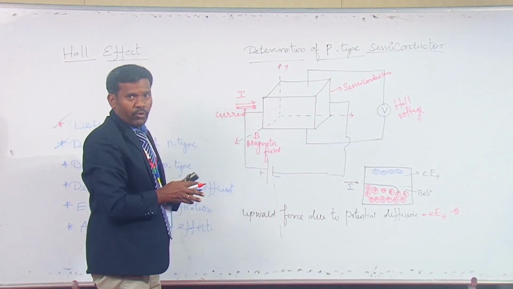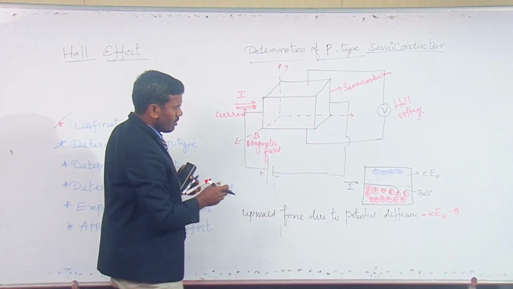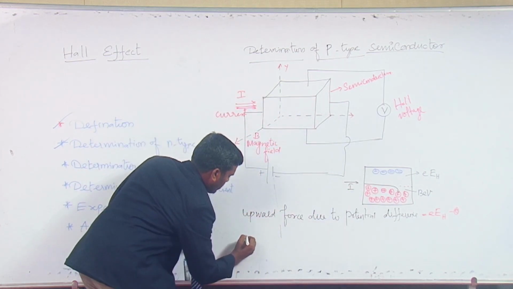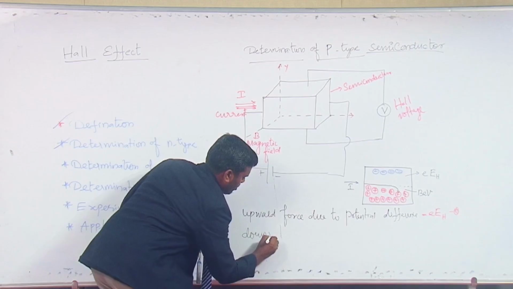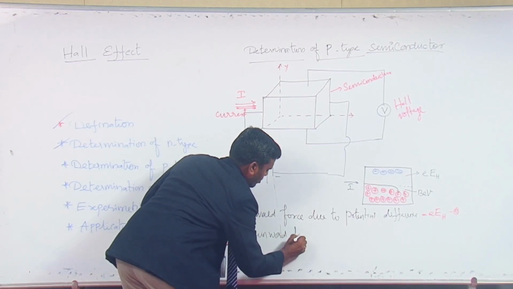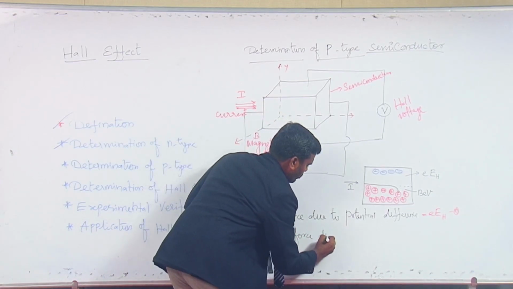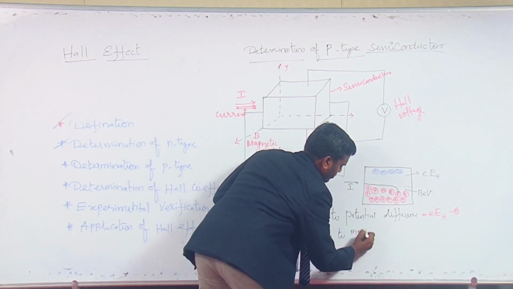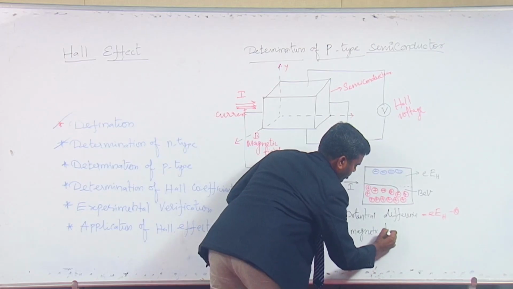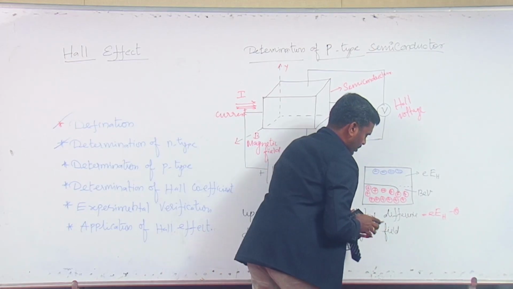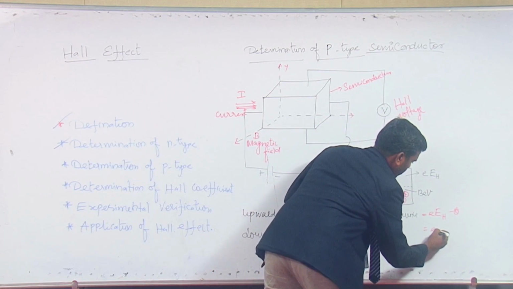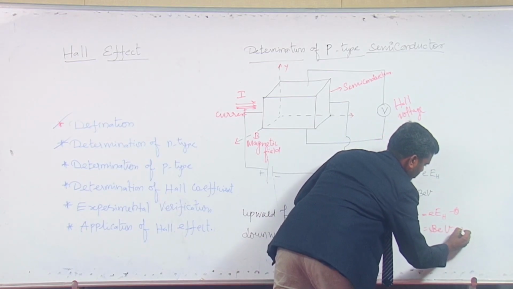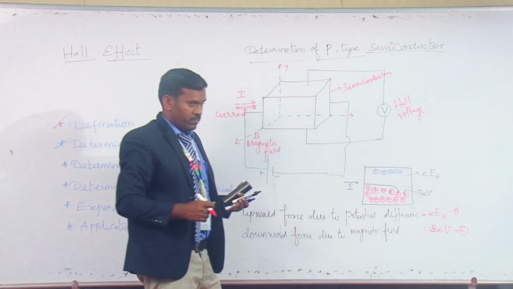Then the downward force acting on the body, in the downward direction, where more holes have accumulated, is due to the magnetic field, which is BEV. This is equation number 2.